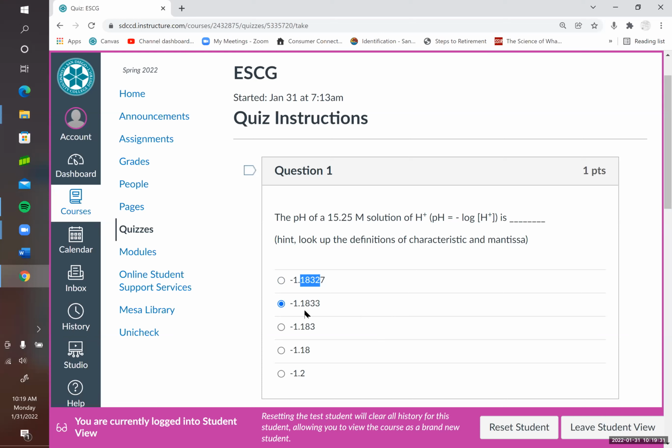And I get the right answer because I looked up and I understood what this means here. And so this is kind of math, but you need math to do chemistry. It's one of those things where, you know, biology, you need chemistry and physics.